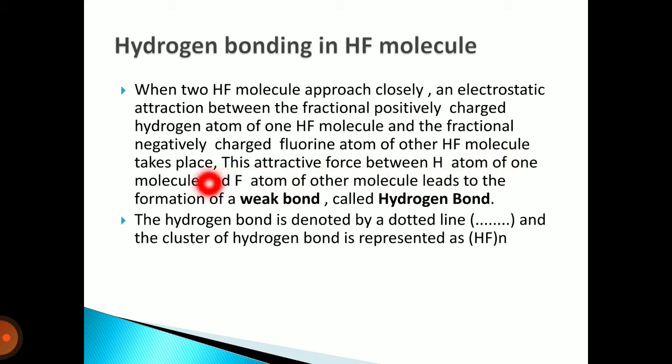This attractive force between the hydrogen atom of one molecule and the fluorine atom of the other molecule leads to the formation of a weak bond called a hydrogen bond. The hydrogen bond is denoted by a dotted line, and the cluster of hydrogen bonds is represented as (HF)n, that is, n number of HF molecules are joined together by this weak hydrogen bond to form a cluster of HF molecules.